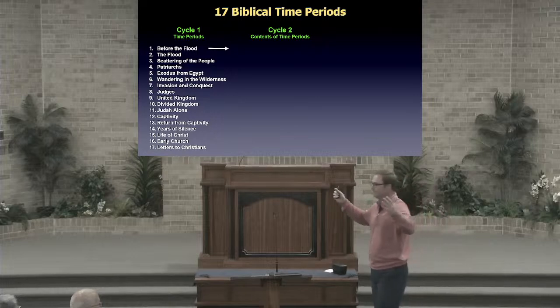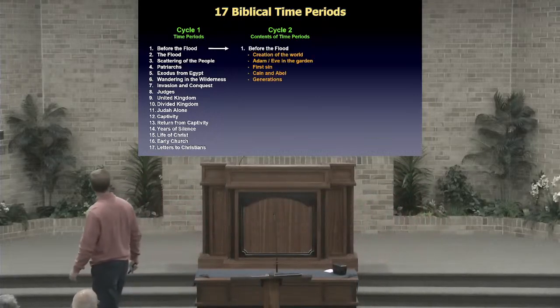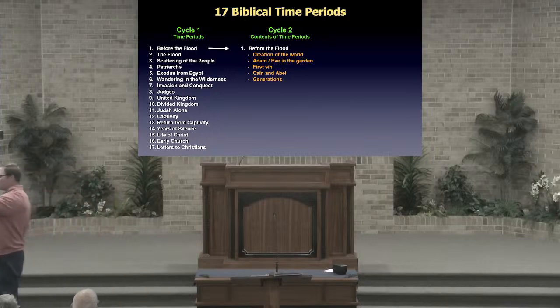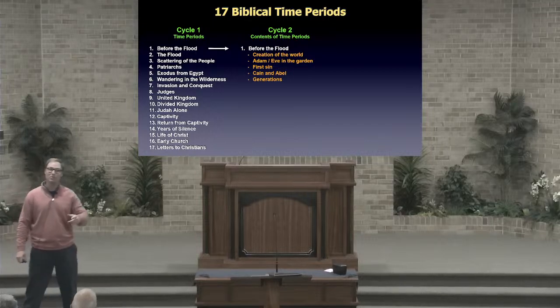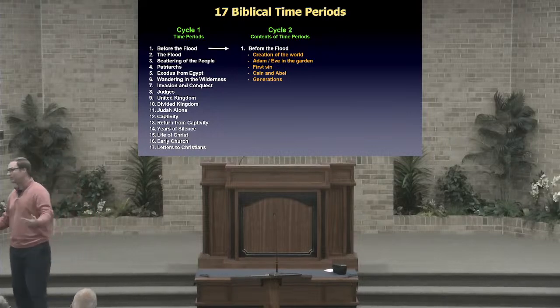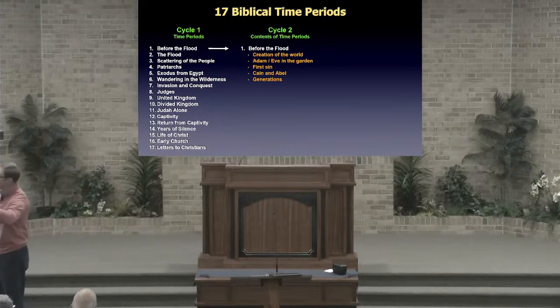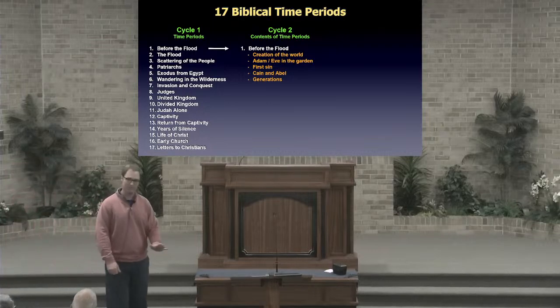Creation. Adam and Eve. Okay, good. So cycle number 2 is going to take time period number 1, before the flood, and break it down into smaller segments. Now we start to memorize those. And once we have cycle 2 mastered, then we move on to cycle 3. Now it's actually pretty easy. Cycle 2 is by far the hardest one.